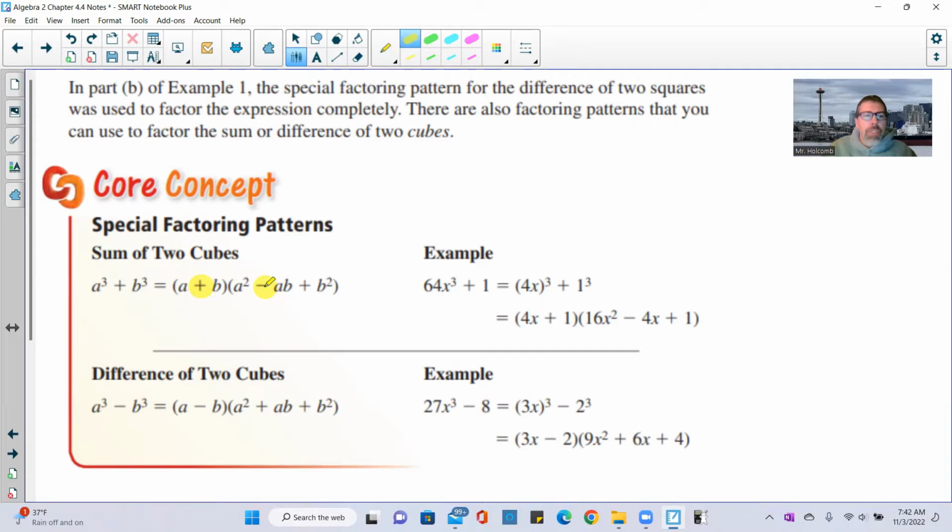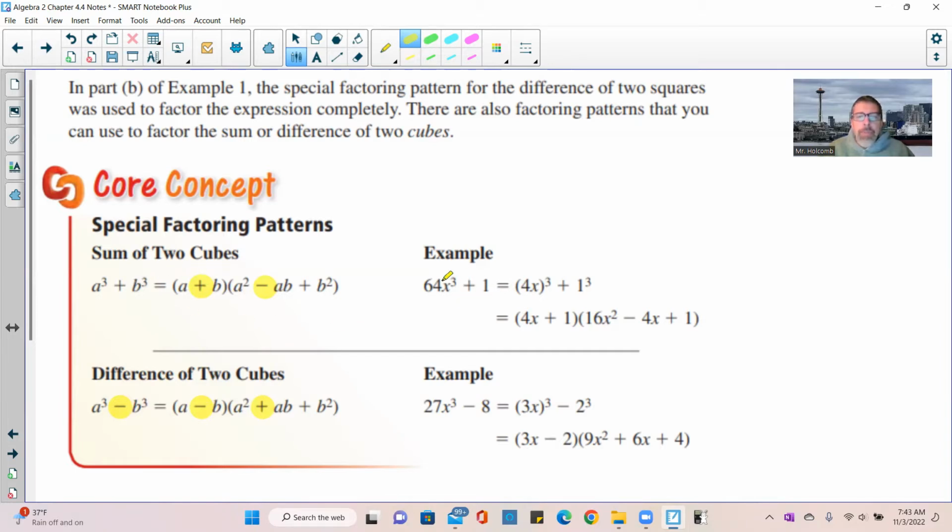So you need a minus sign here, and everything else is plus. When you have the difference of two cubes, the first parentheses is minus, and the ab is positive. That's the only thing that happens, the minus and plus switch. So with a difference of cubes, the first factor is a minus b. With a cubed plus b cubed, it's a plus b.